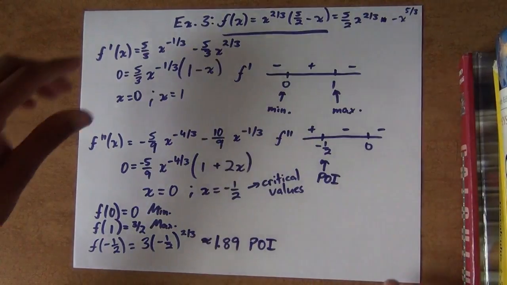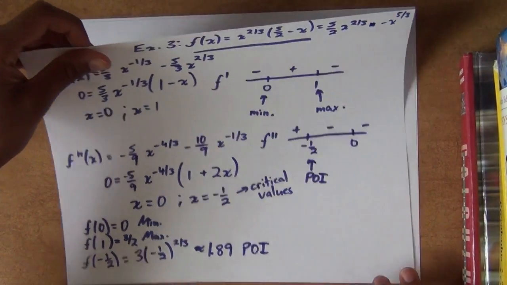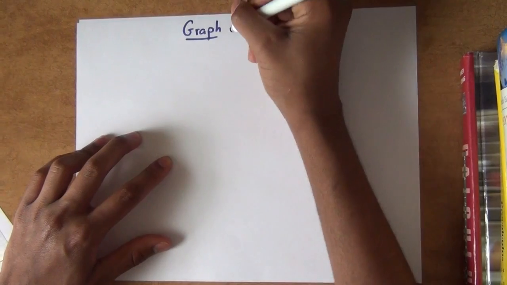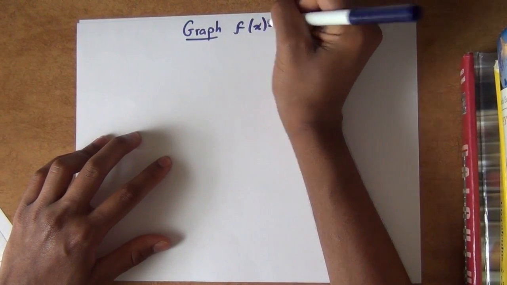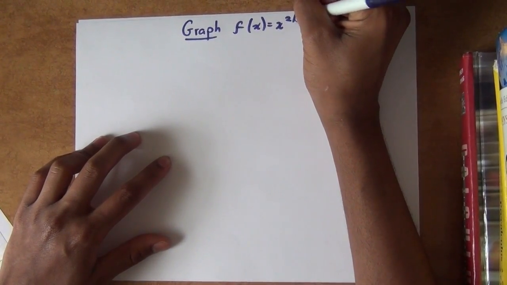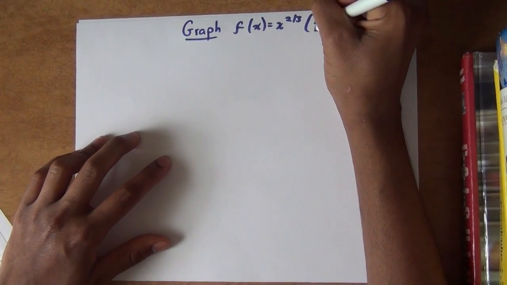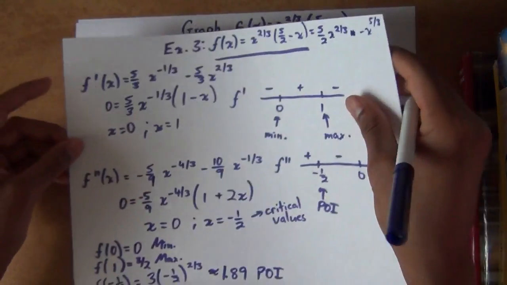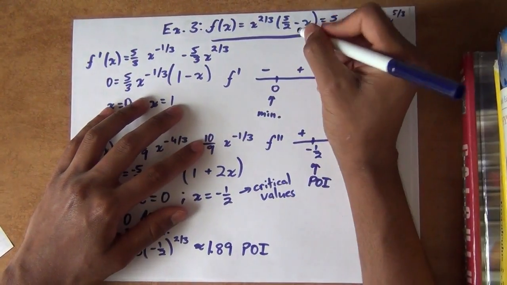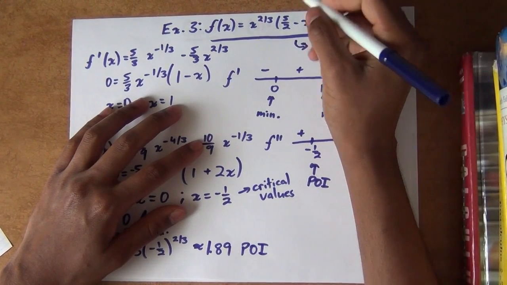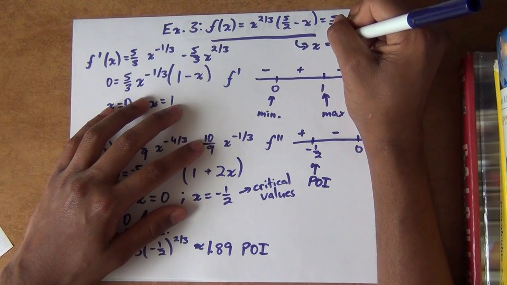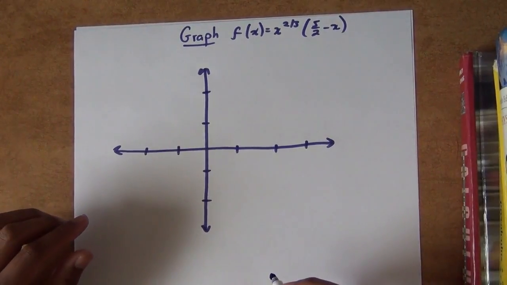Okay, so we have our minimum, our maximum, and 1 point of inflection. So once again, we'll just use this for the graph. And I guess I forgot to mention, since this is a really easy zero, this isn't the focus of this video, but that's a really easy zero to find right there, x equals 5 halves.